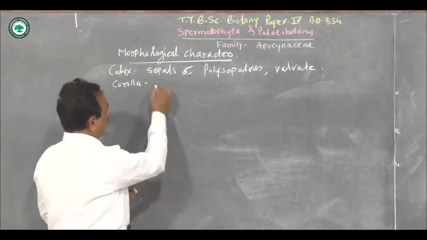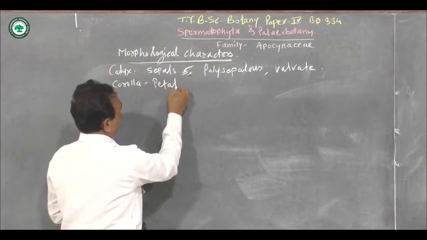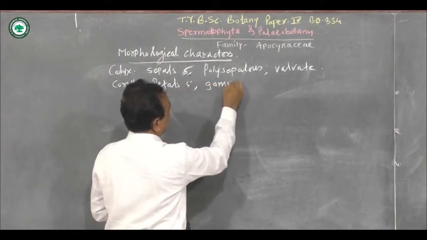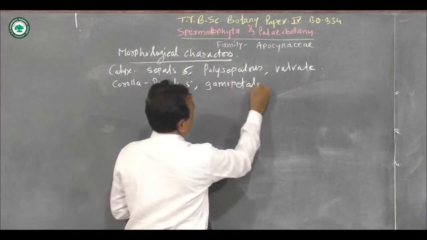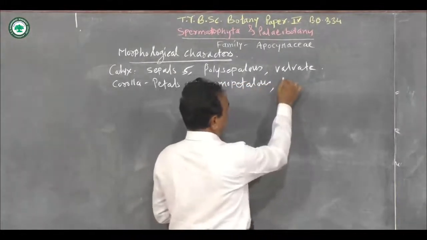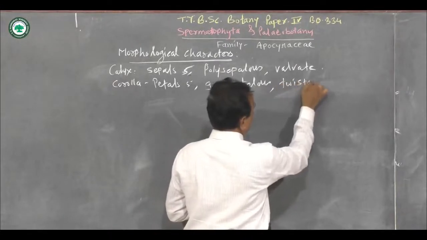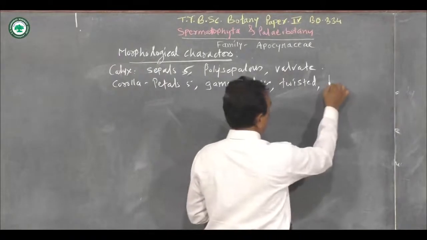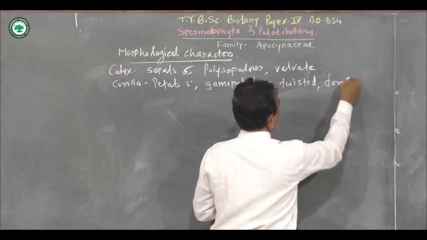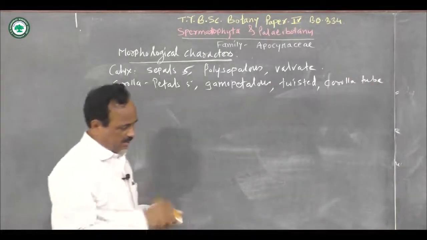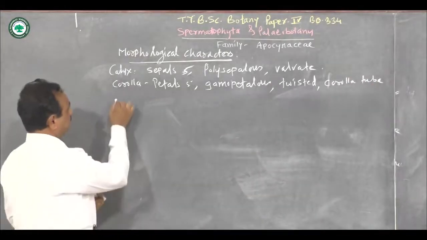It shows the presence of 5 petals. They are gamopetalous, that is, the petals are fused and present in twisted aestivation. There is a formation of the corolla tube.